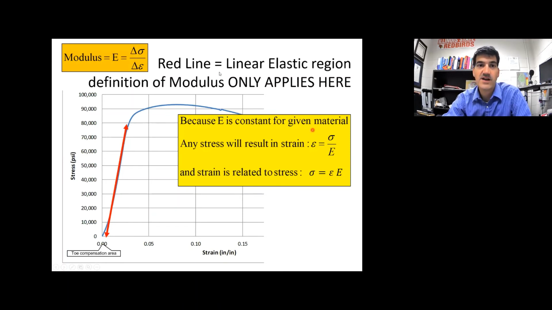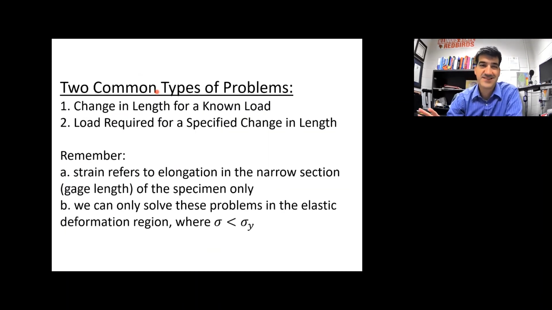All right, so this is our third equation, the elastic modulus equation. That's it. With those 3 equations and some algebraic manipulation, just rearranging those equations, we can solve a whole bunch of tensile test problems. There's basically 2 types of problems that I can give you.